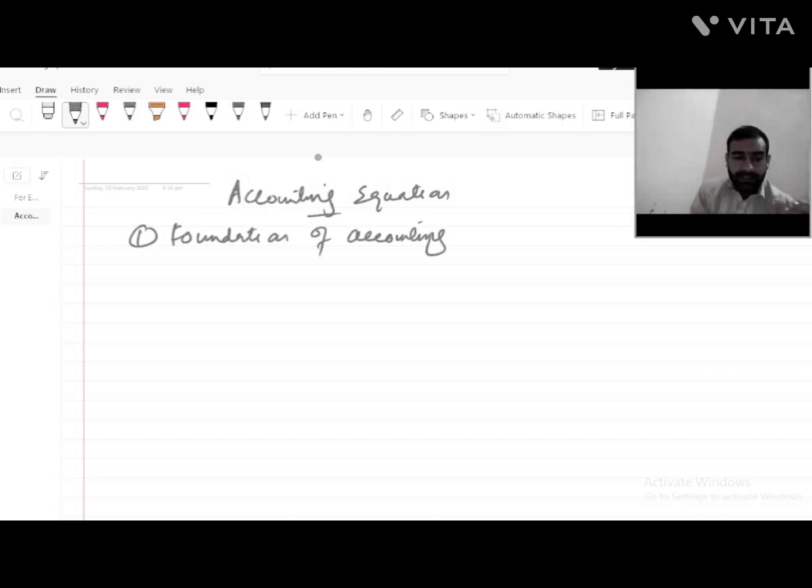Okay, and this accounting equation, I will write here: Assets = Liabilities + Owner's Equity.